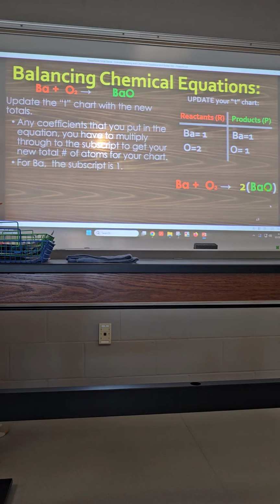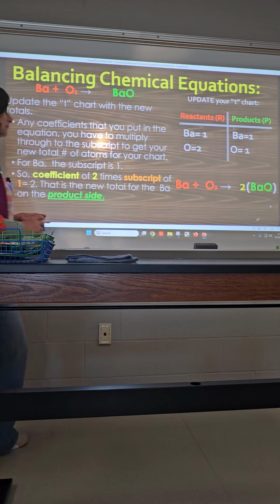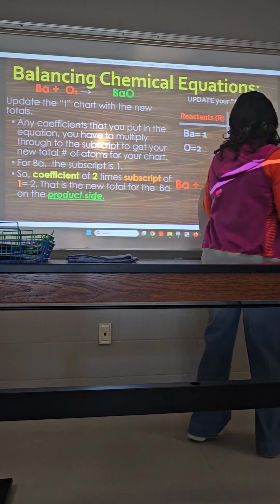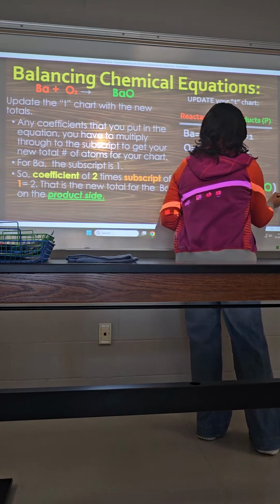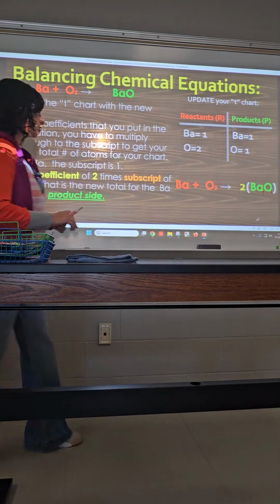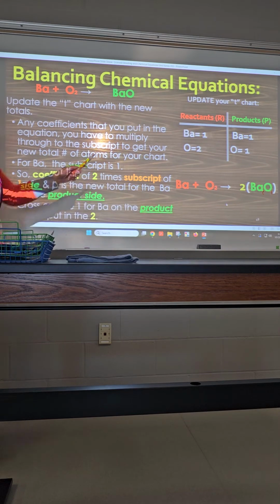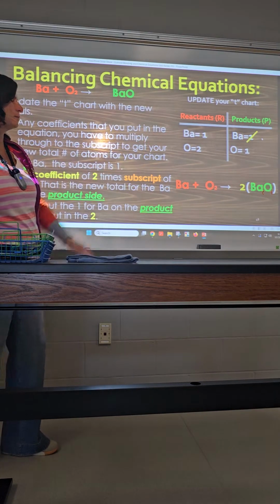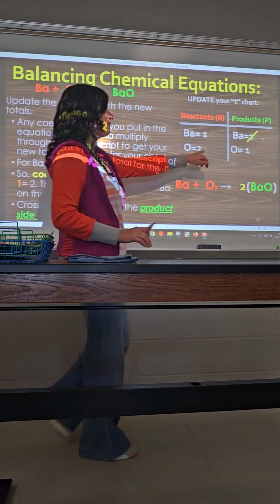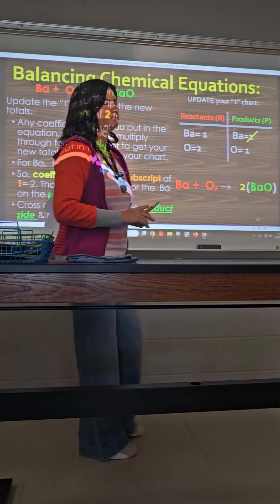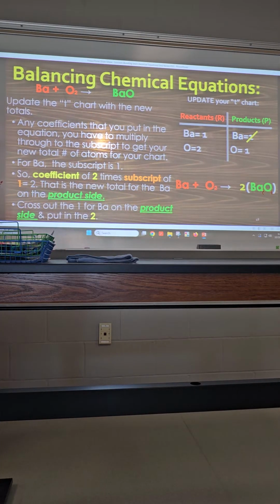So the subscript for BA is 1, and we have to update that in our chart. 2 times the subscript of 1 gives us a 2, and we have to update that in the product side. So on that chart, cross out the 1 and change that now to a 2.